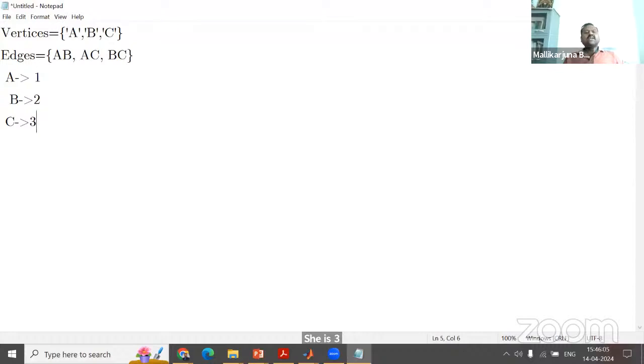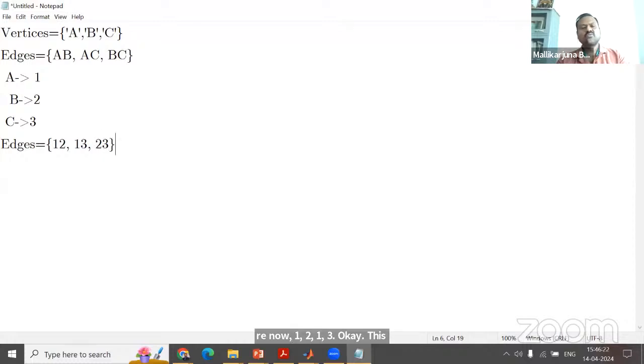Now it's very clear, right? What are the starting points of the edges? The edges are 1 2, 1 3, and 2 3.